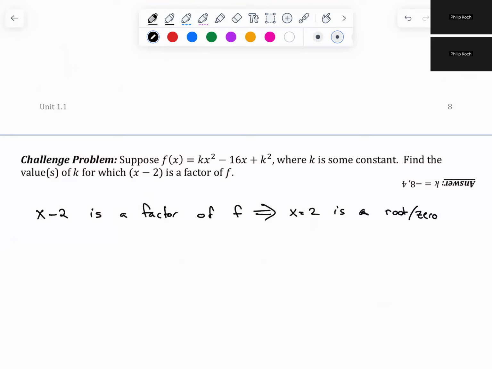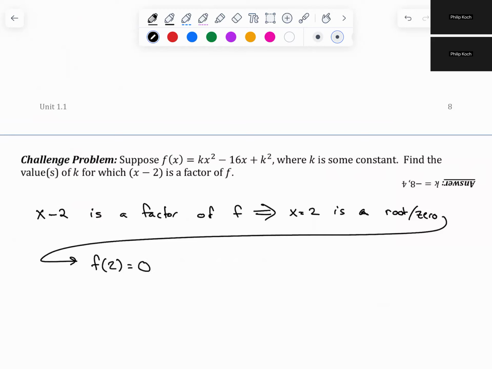If it's a factor, then x equals 2 is a root. And what does that mean by definition? If it's a zero or a root, the other name, it means that when you plug it into the function, you get 0. So this means that f of 2 is equal to 0.